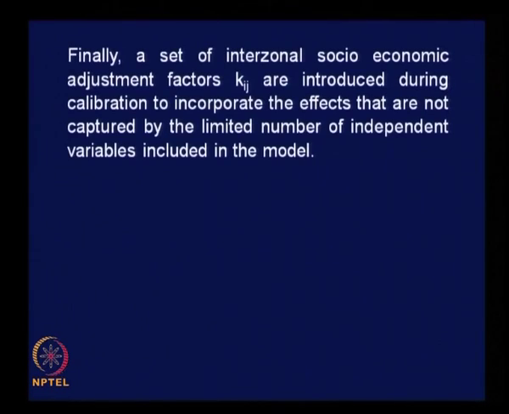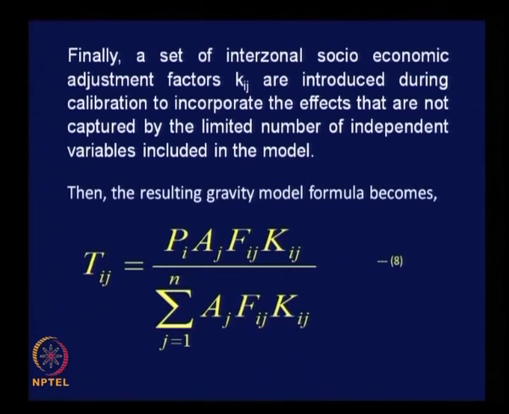So, that is the purpose of introducing this particular factor indicated by small Kij, the zone to zone adjustment factor, to take into account the effect of socio-economic connectivity between zonal pairs. Then the resulting gravity model formula becomes as given in equation 8.